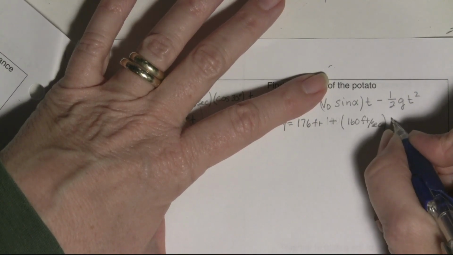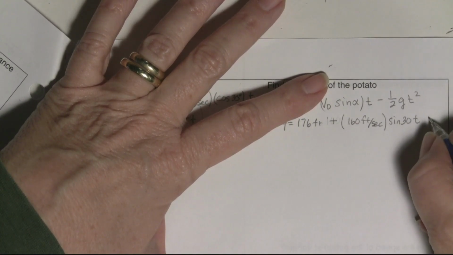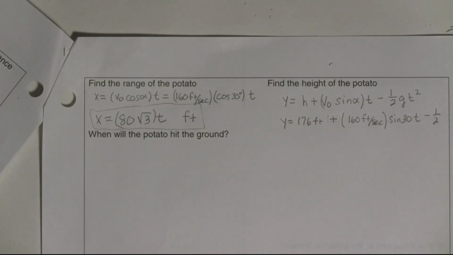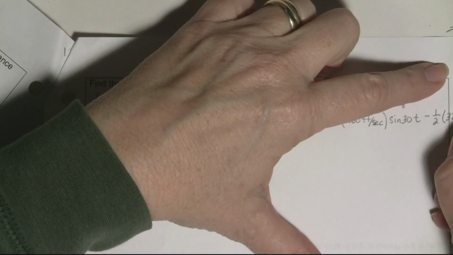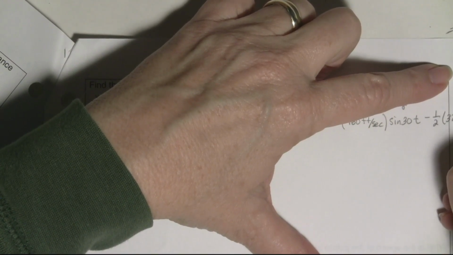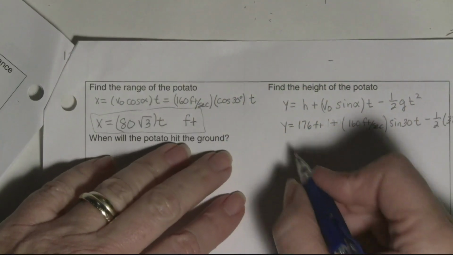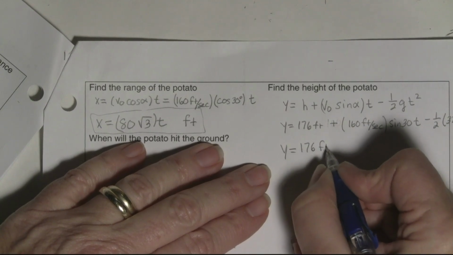And then sine of 30, and then t, minus 1/2. And then because this is in feet, we're using 32 feet per second squared times time squared. So y equals 176 feet.